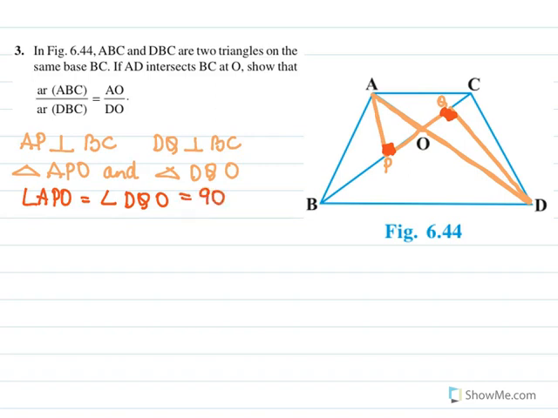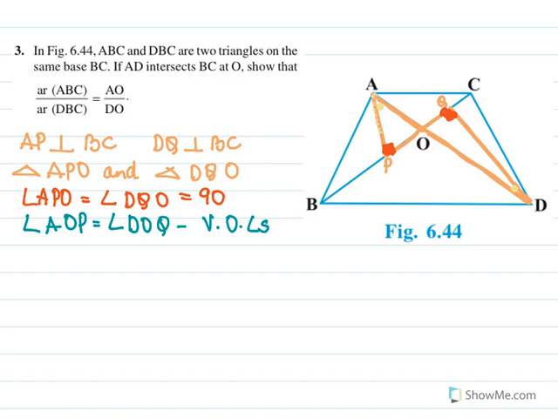Now there are vertically opposite angles here. This angle and this angle are equal. How will you name this angle? This angle is AOP equal to angle DOQ. We write that angle AOP equals angle DOQ, vertically opposite angles. If two angles of a triangle are equal to two angles of another, automatically the third angle also becomes equal.